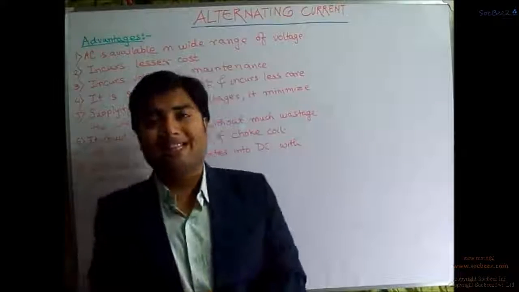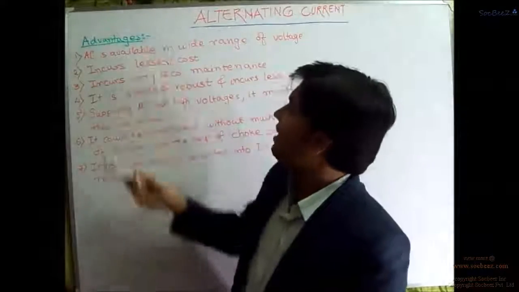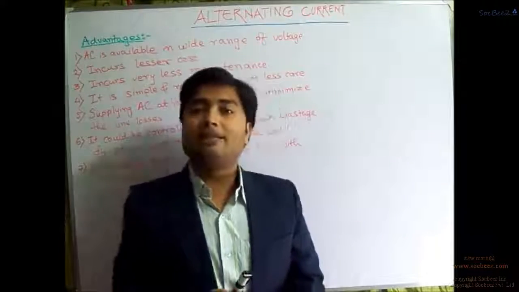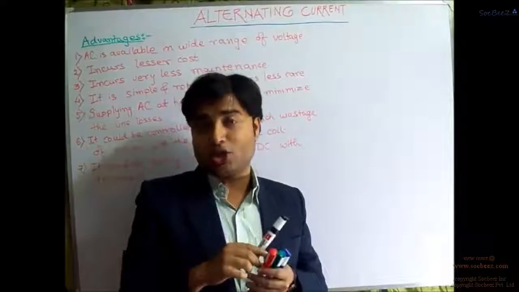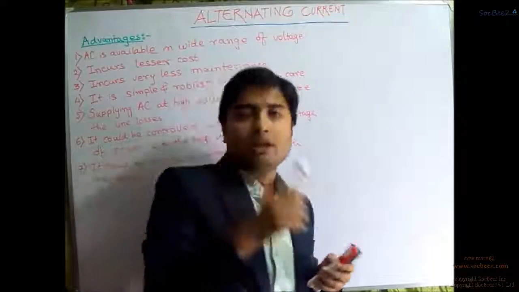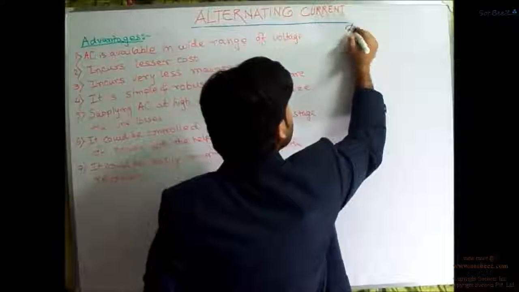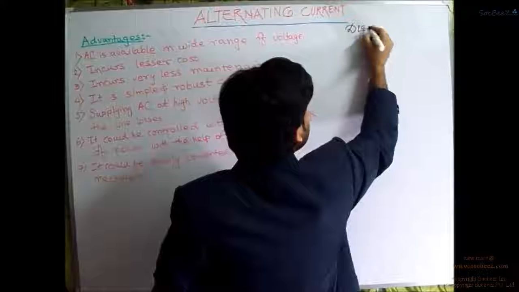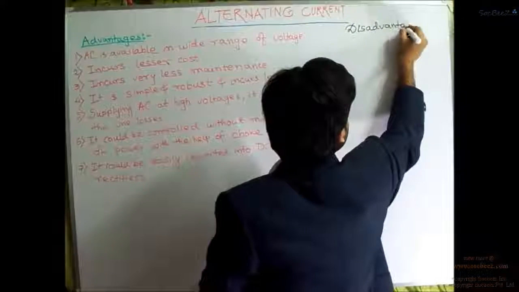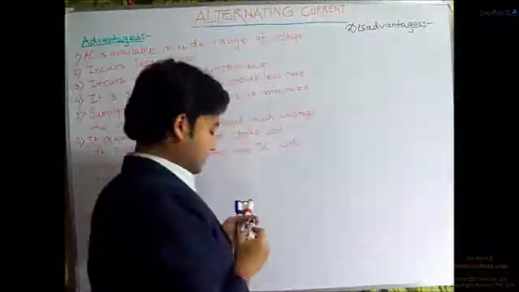Now we shall be discussing the disadvantages. We have seen the advantages of AC over DC. Now we shall be discussing the disadvantages of an AC or alternating current over DC. So these are the disadvantages, right?